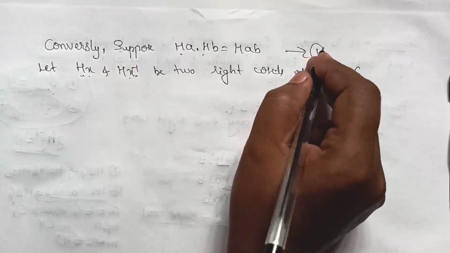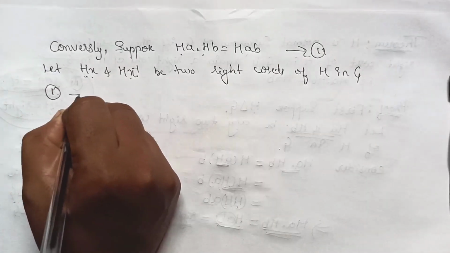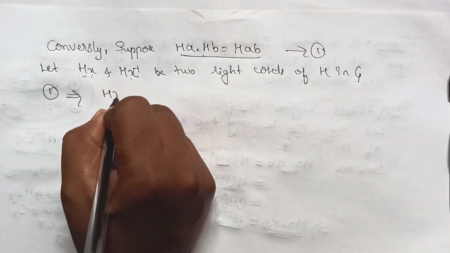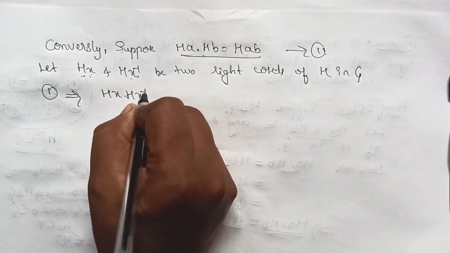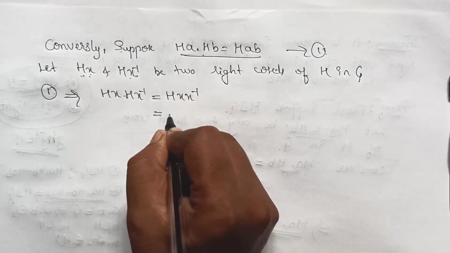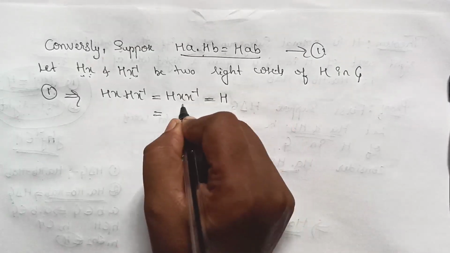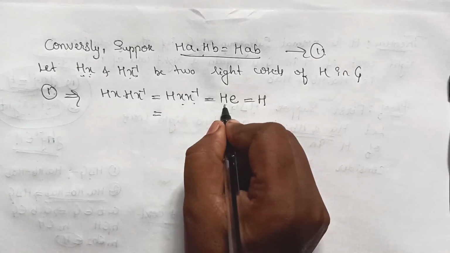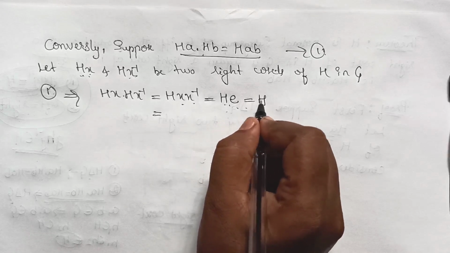Then by equation 1, if you substitute into this you will get Hx into Hx inverse equals Hxx inverse, which equals HE, where we get E, which equals H only.